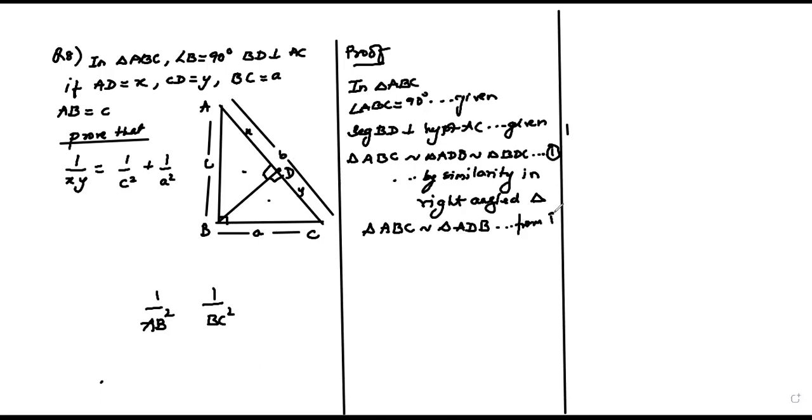Now, when these two triangles are similar, children, to get AB square, I know the corresponding sides are in proportion, but the ratio of the corresponding sides are equal. पहला दो letter AB upon पहला दो letter AD, AB upon AD equal BC upon DB equal AC upon AB. You can see here, these are corresponding sides of similar triangles.